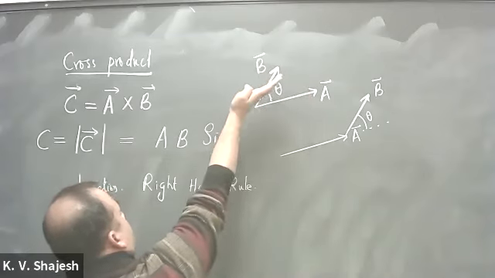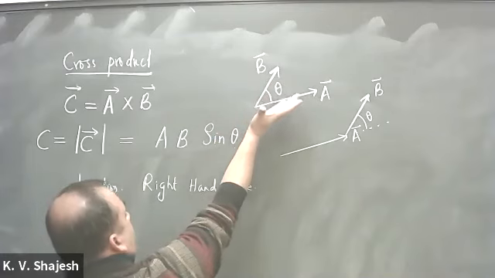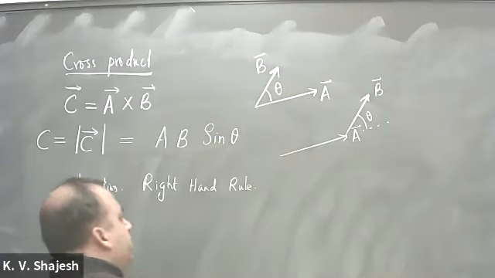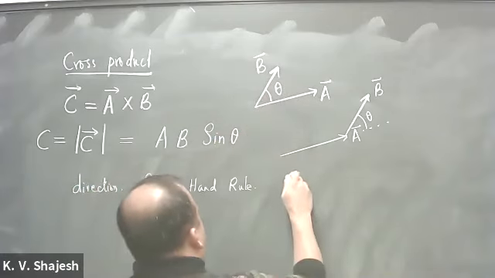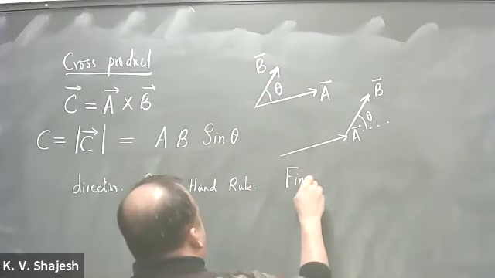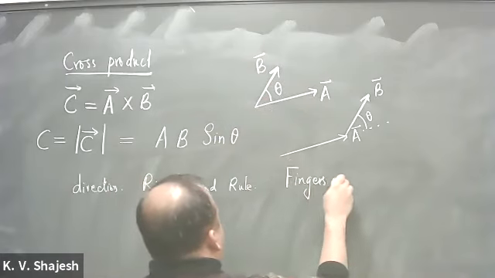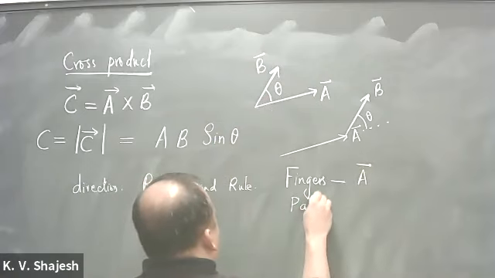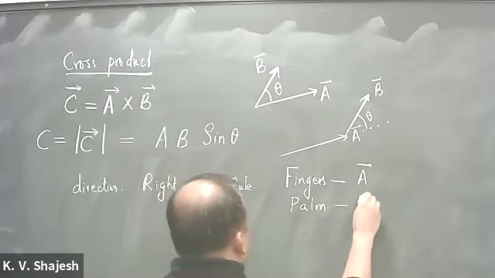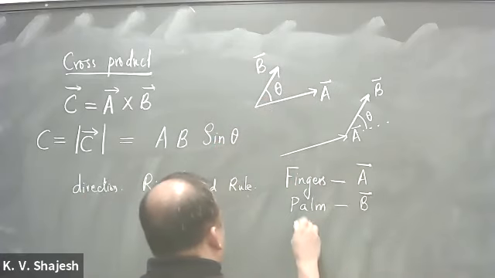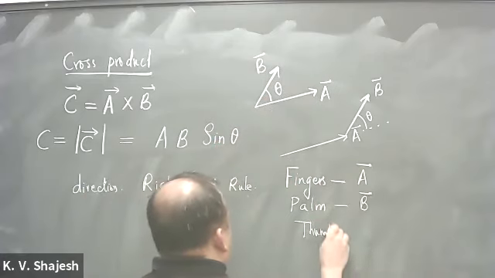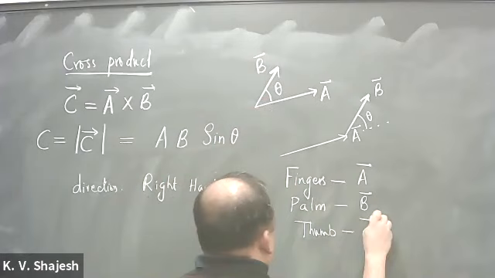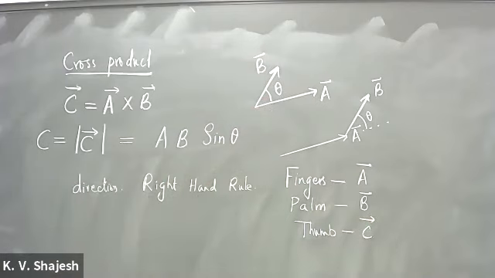Place your palm in the direction of B, open your thumb, and that's the direction of C. So fingers is A, palm faces B, and thumb gives you the direction of C. Okay, that's the procedure to get your A cross B.